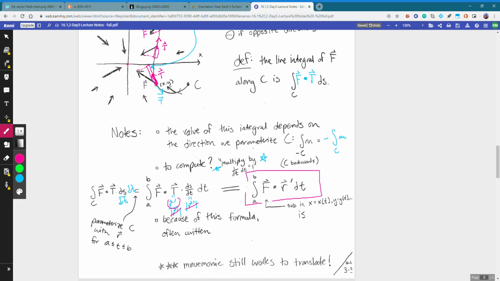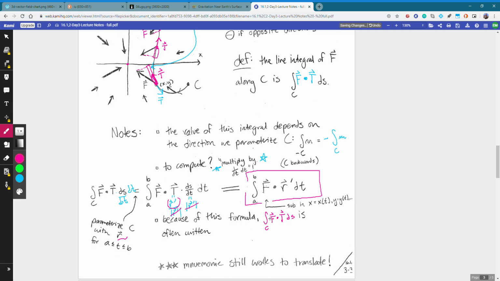And as usual, we still need to do our substitutions where we see x, y, or z or whatever, swap them out for what they are in terms of our parametrization. And now, because of this nice simplification that always happens, we write our line integrals for a vector field usually a little bit different than this kind of raw form.